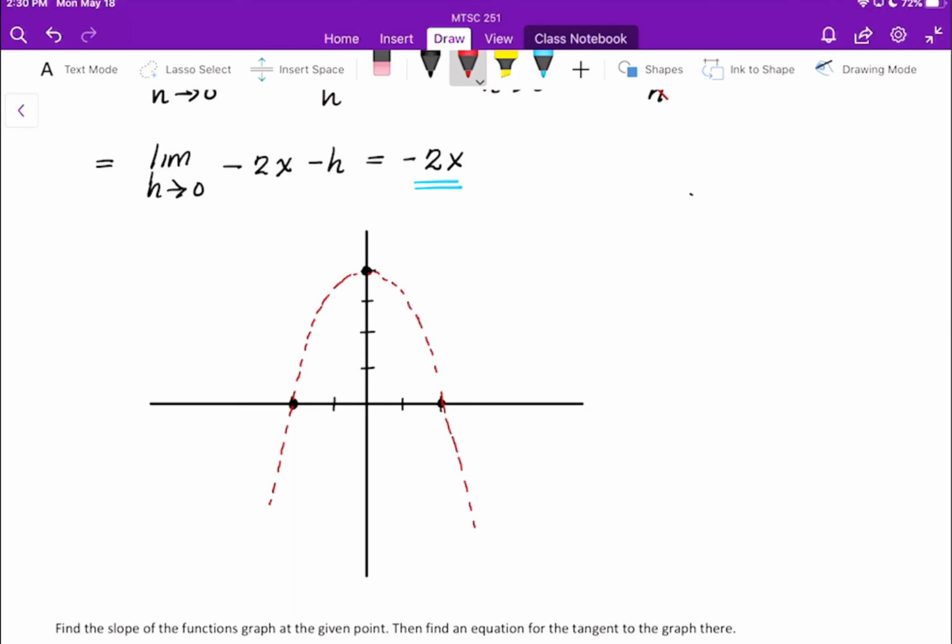Okay, so our point was 1, 3. Therefore the slope, m, is going to be minus 2 times our x value 1, which is minus 2. The equation of the tangent line is going to be y minus 3 is equal to negative 2 times x minus 1.